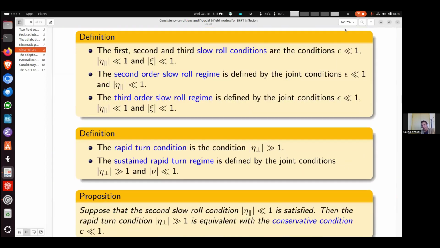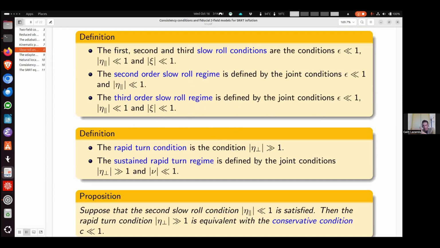It's just a fact of life. The second order slow roll regime, and that's part of the answer to your question, is defined by a combination of the first order slow roll condition and the second slow roll condition. And the third order slow roll regime is defined by a combination of the first order slow roll condition, second order slow roll condition, and third order slow roll condition. So you have three logically independent conditions: the first slow roll condition, the second slow roll condition, and the third slow roll condition.